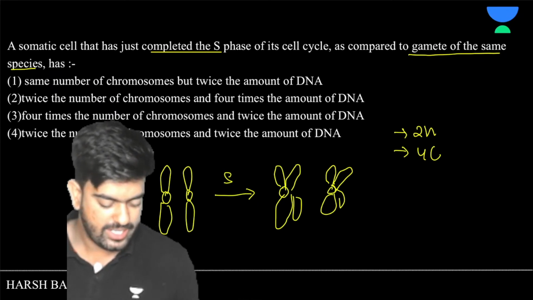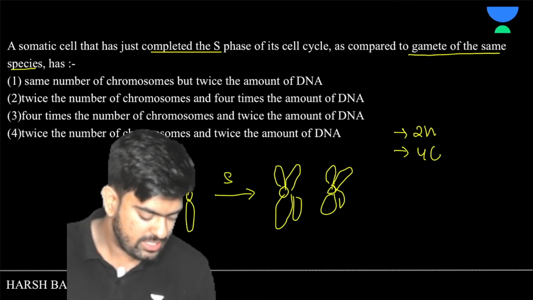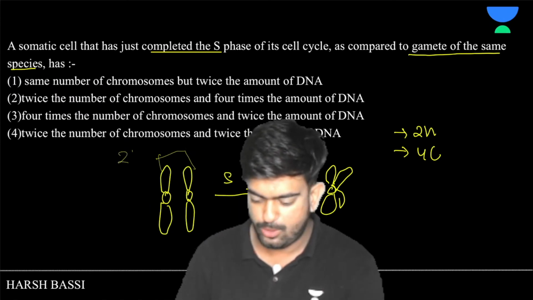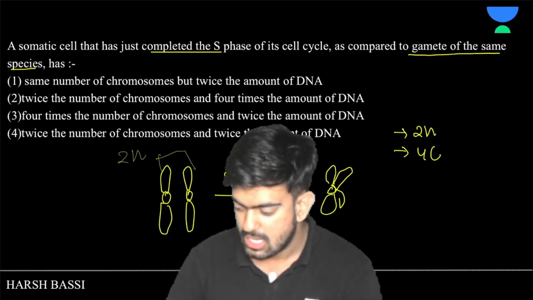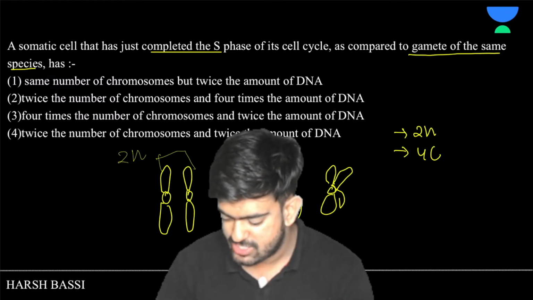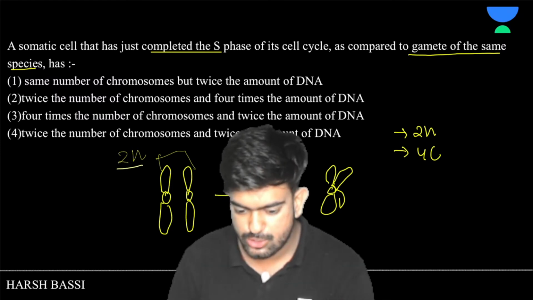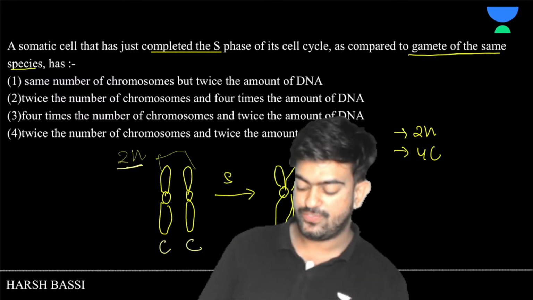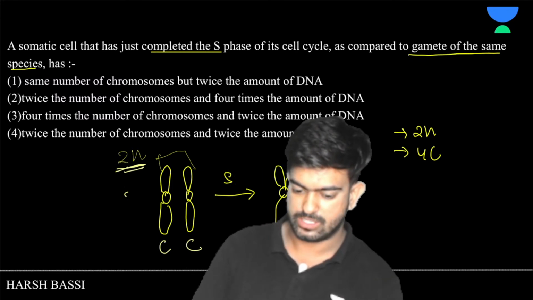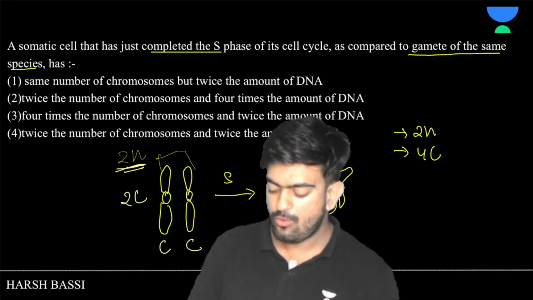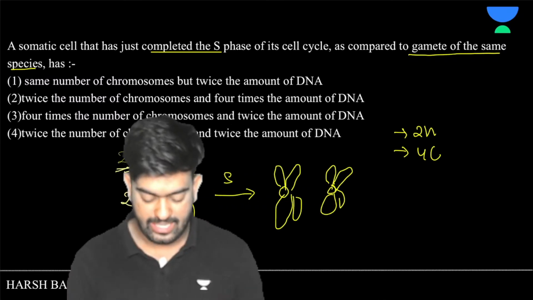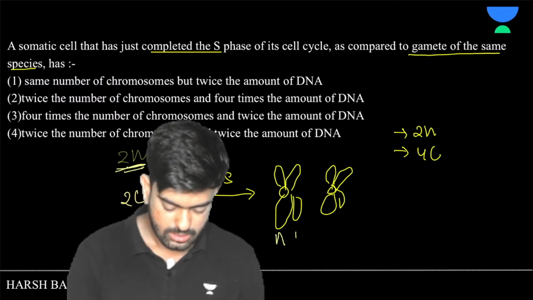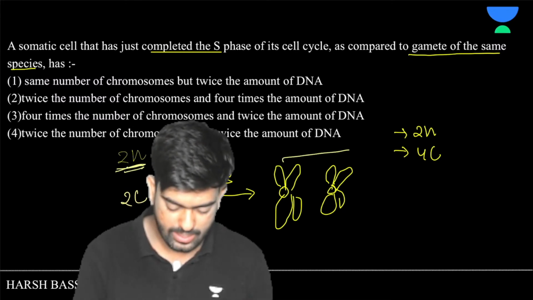So if we consider this as C, this one is 2n. We are diploid. Now see, this is a very easy concept. This is 2n, and let's suppose this was C, this was C. So before the S phase, we were 2n, 2C. Clear? Okay, sir. Now after the S phase, what happens? This is n, and both of these together are 2n.